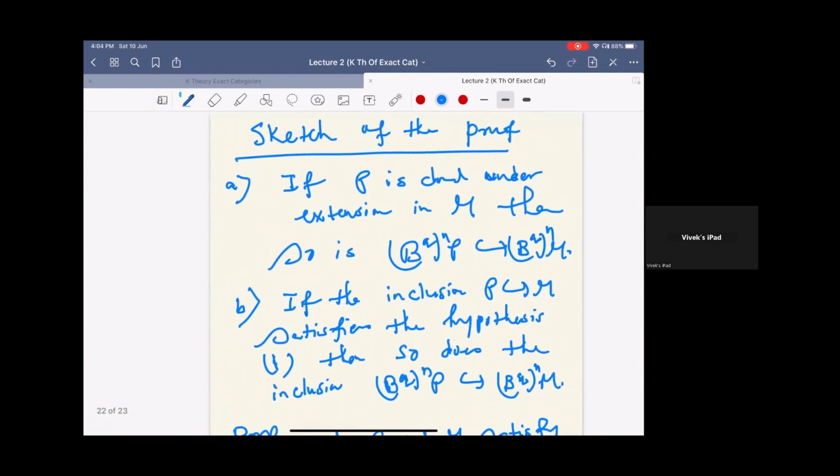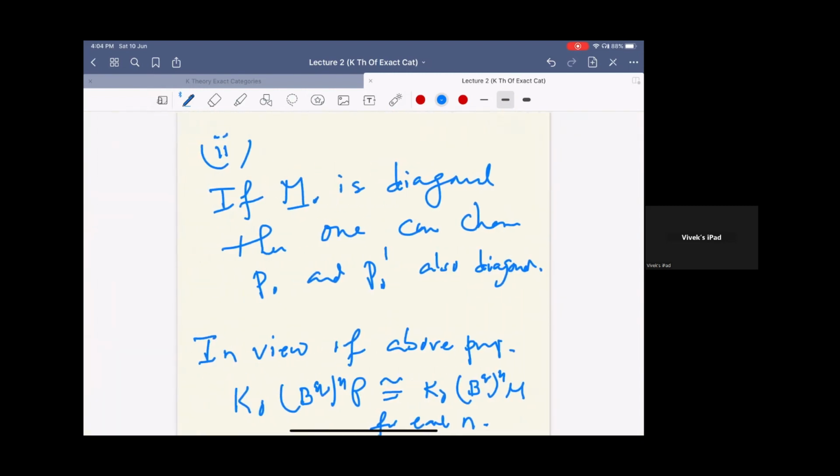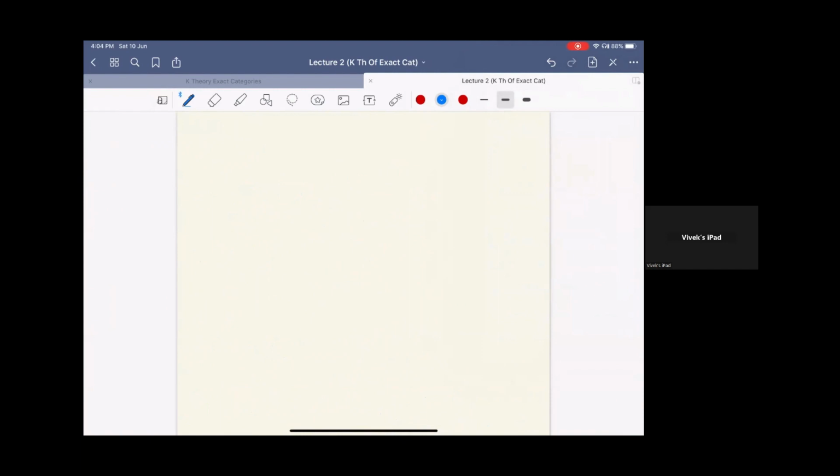So what is the reference for this kind of result? Actually, you can see this proof. Let me write down the reference, then I'll stop.